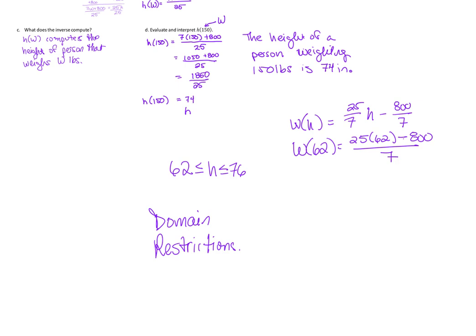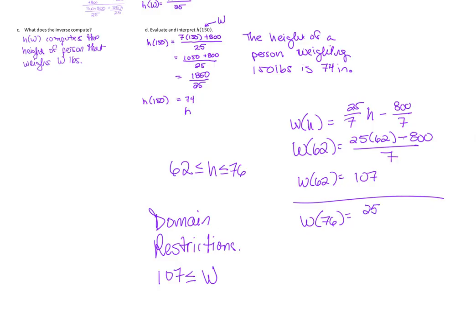Basically what I did there was I just combined this into a single fraction. And if I use my calculator to calculate this, w of 62 is approximately 107. And so we're going to put that in here for our domain restrictions. We're going to have 107 is less than or equal to w. And then we want to find the other one. If we plug in 76, same thing.